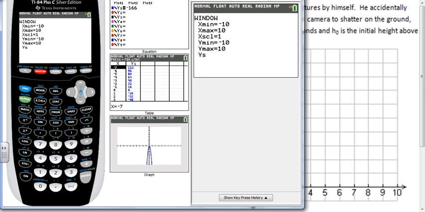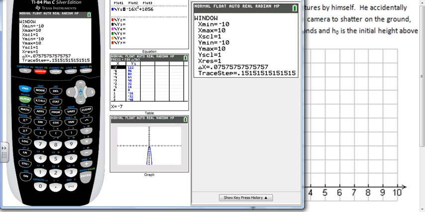So I'm going to have you go over to the window and make sure that we're fitting everything in just right. We want our x minimum value to just be negative 1, so it only goes over so far. We want our x maximum value to remain 10, so that's going from negative 1 second all the way to 10 seconds.